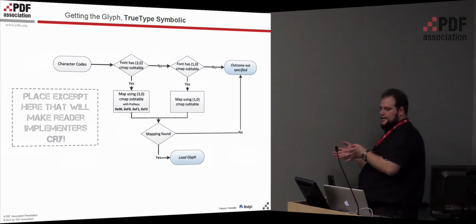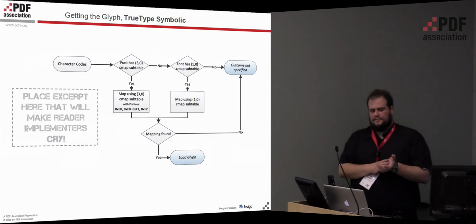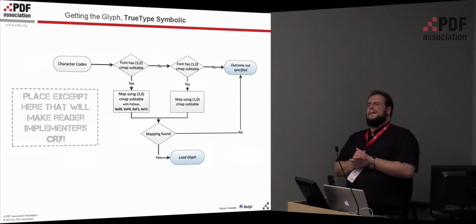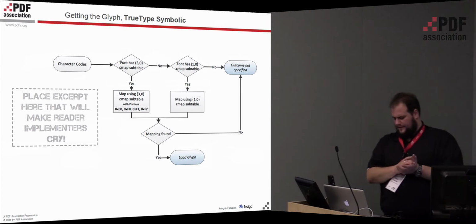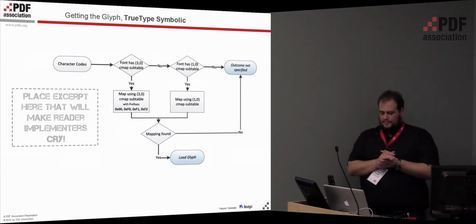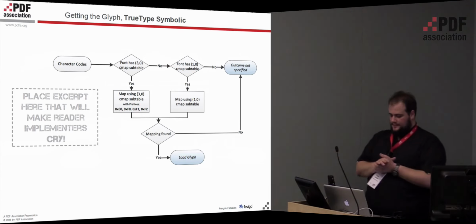One, we have to check whether or not that font has the cmap 3,0, which is Microsoft Symbolic, I think. Yeah, it should be. If it has such a table, we have to map using that subtable.